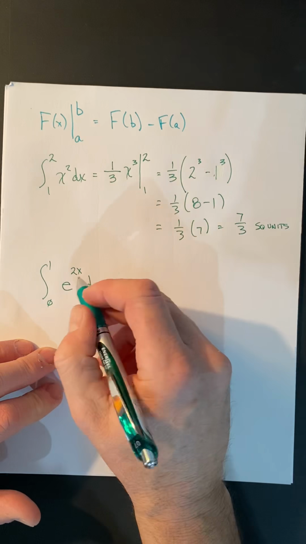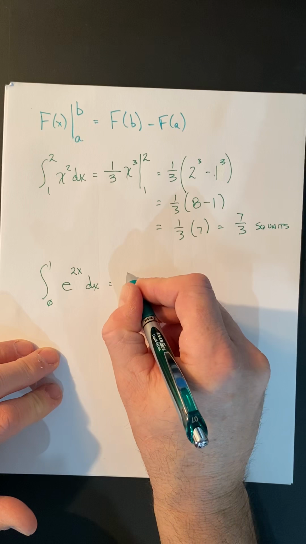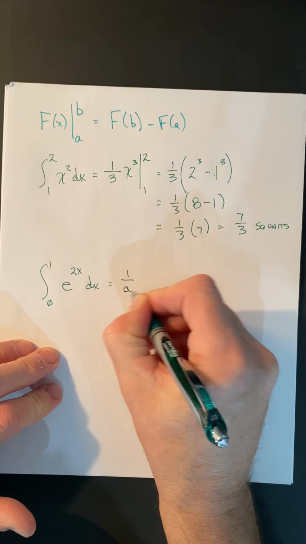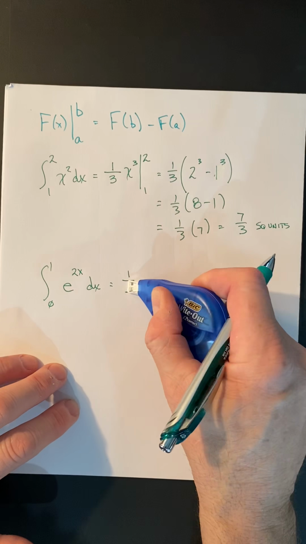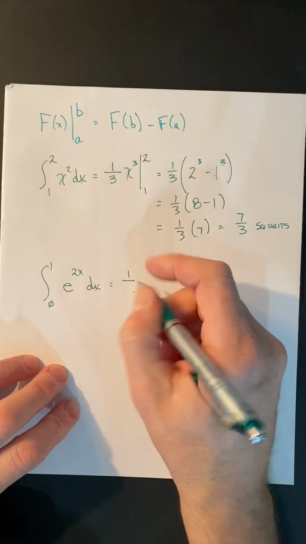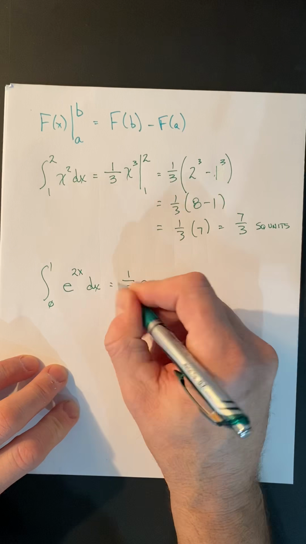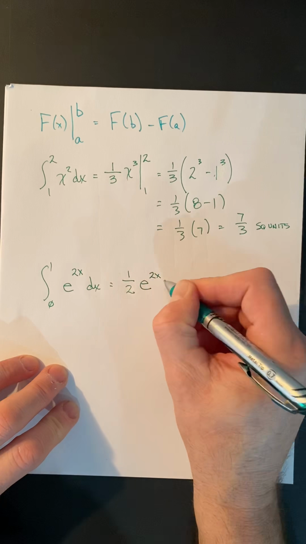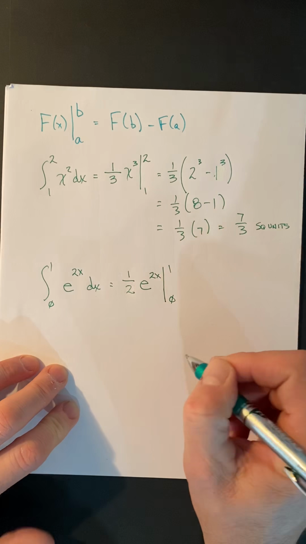Well, we know that we're going to take our a value and put it here, right? So I can simply write my 2 here, and it's always e to whatever that function was, okay? And it's from 0 to 1.